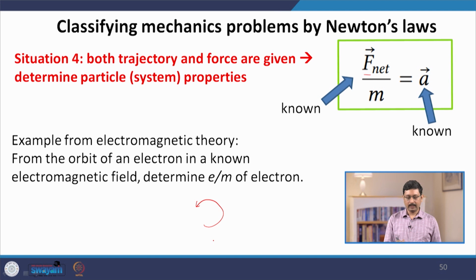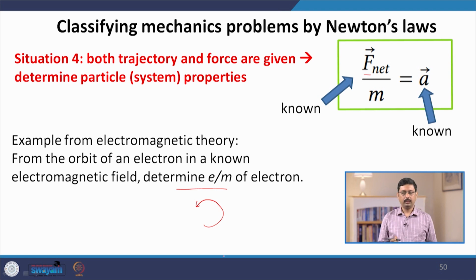These trajectories are known, and the applied electric and magnetic fields are known. From this you can determine the charge to mass ratio, which is a fundamental physical constant of the electron. So, it gives you very fundamental properties. This is also a standard first year BTech experiment in many places.